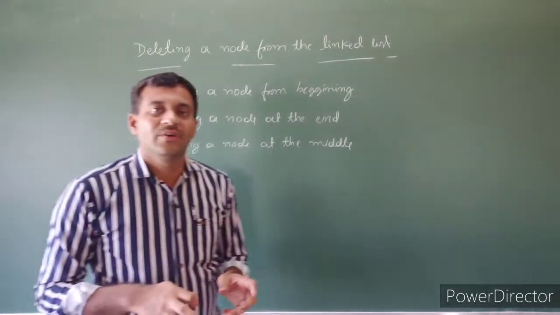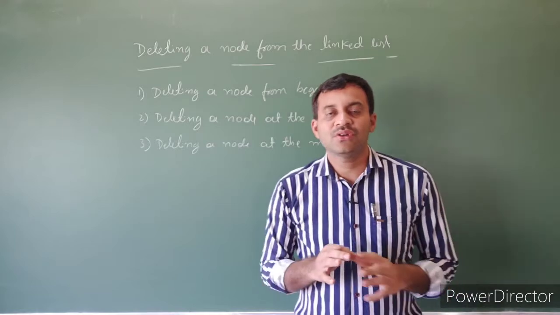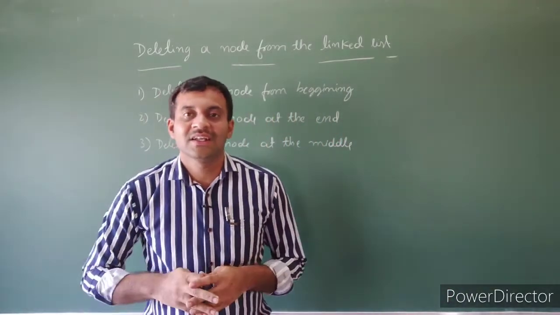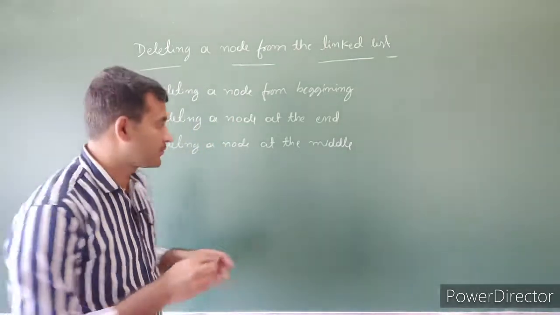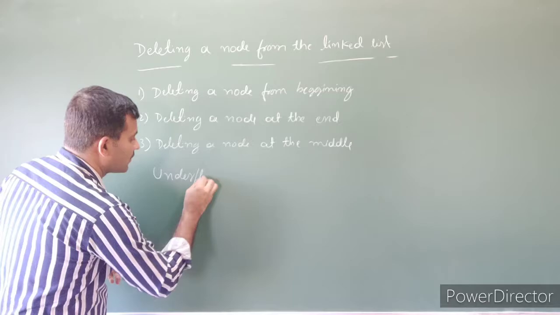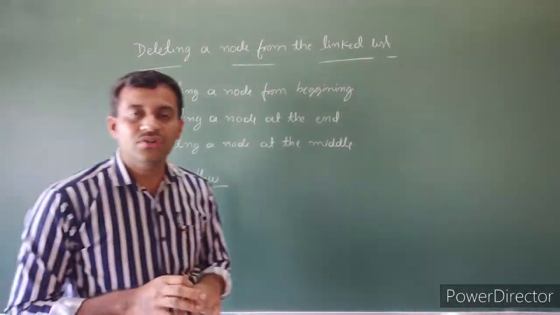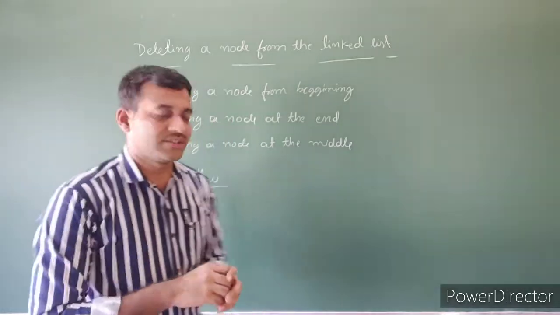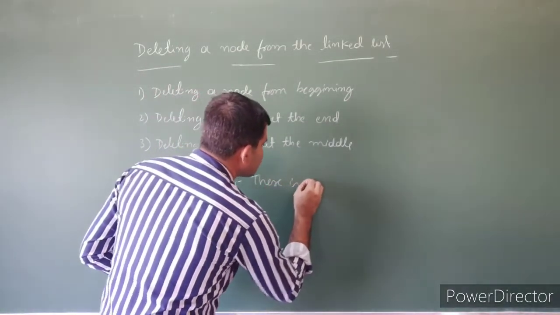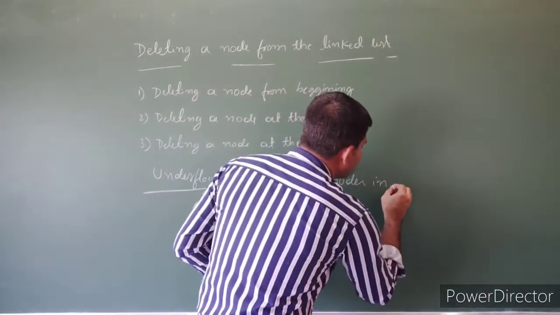If we have to perform a deleting operation on a linked list and there are no nodes in the linked list, that condition is called underflow. What is the meaning of underflow here? There are no nodes in the linked list.